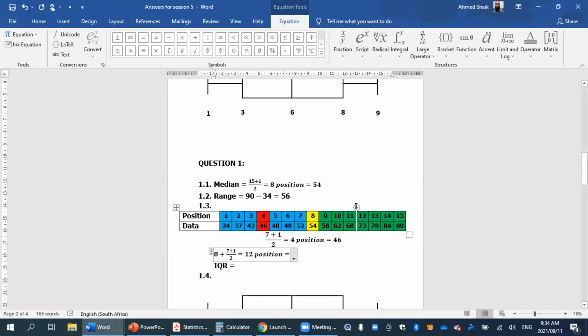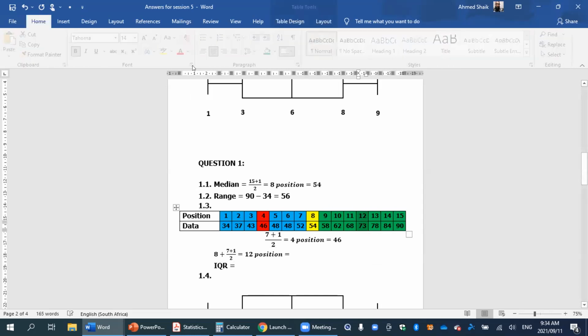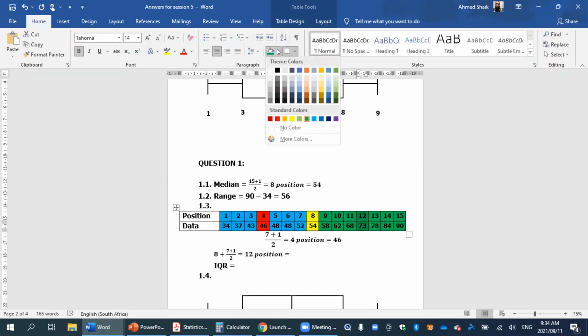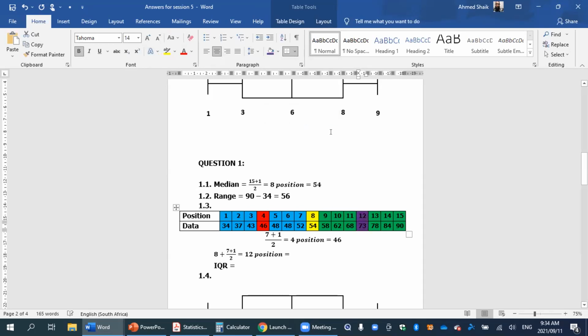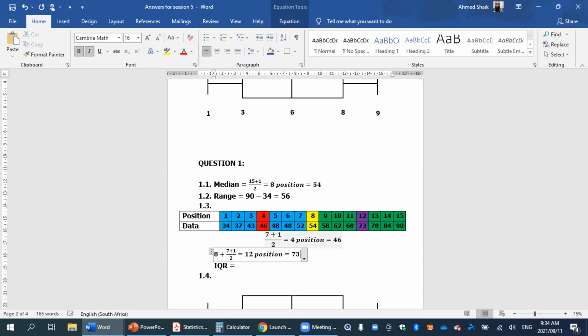And let's look at what our 12th position is equal to. And we can see position 12 is equal to 73.